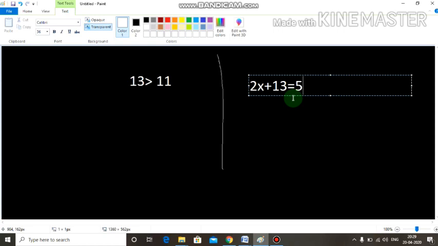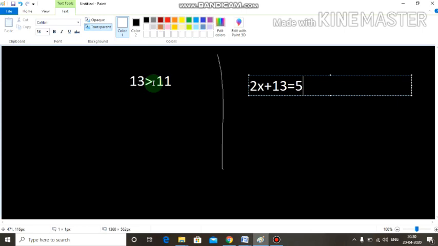But in the case of an inequation, if we add the same number to both sides, the inequation sign will be unchanged. If we subtract the same number from both sides, it will again be unchanged. But a difference is there if you multiply both sides by a number, because we will get two cases.